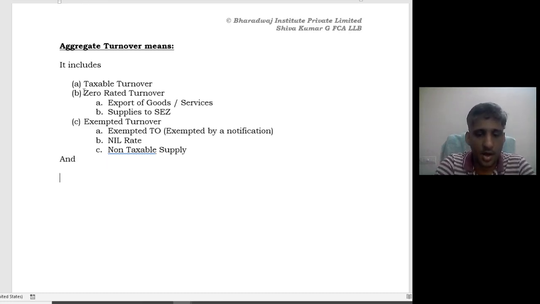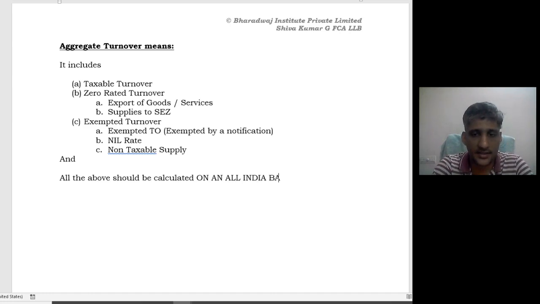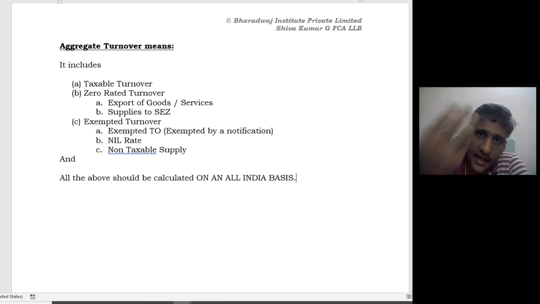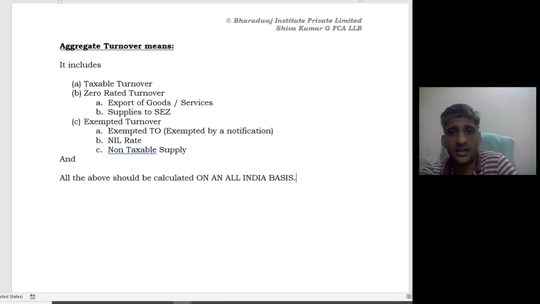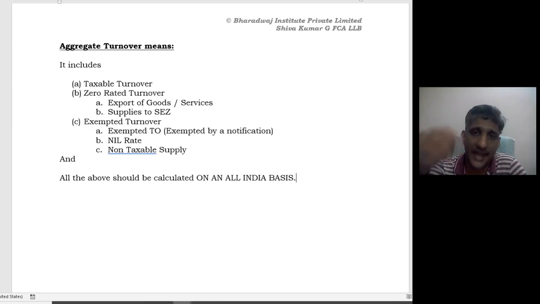And all the above should be calculated on an all India basis. All India basis means if one person has got 3 registrations in 3 different states, then you should see all the 3 states put together and not state wise.